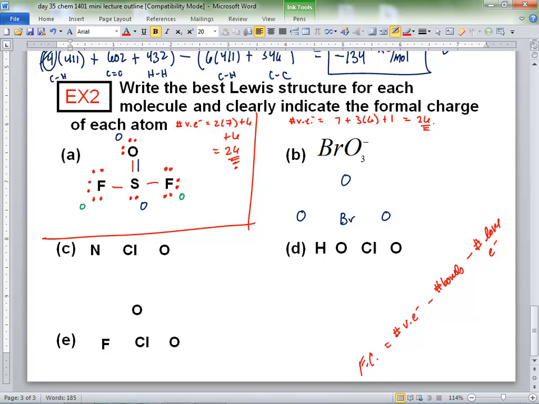Do you have 26 on there? You have to have 26. Yeah, so you end up having an extra one. So count up the valence. I mean, sorry, do formal charges and see what you need to mess with. Oh, that's what you're doing? Yeah, so bromine would be 7 minus 3 minus 2.